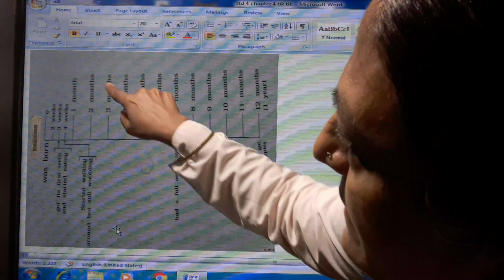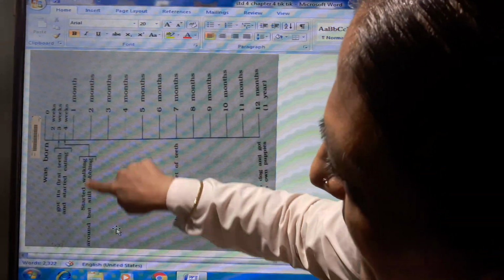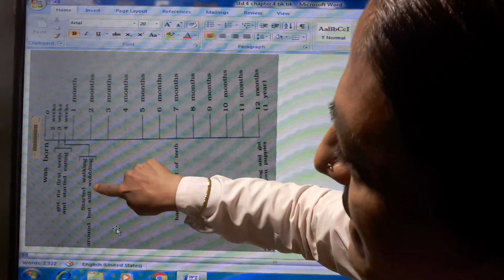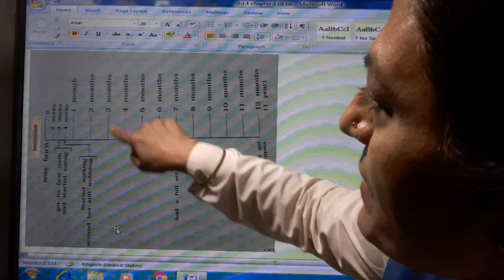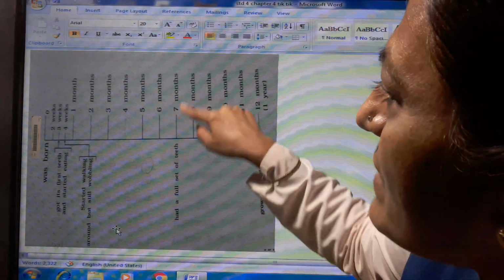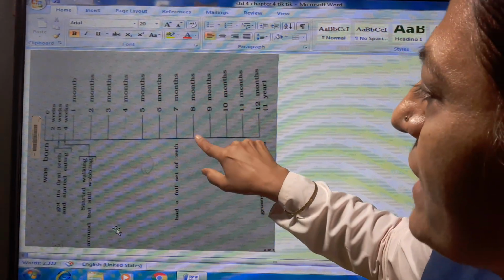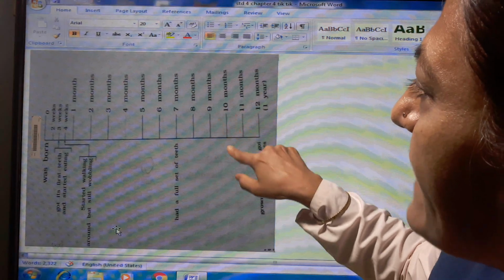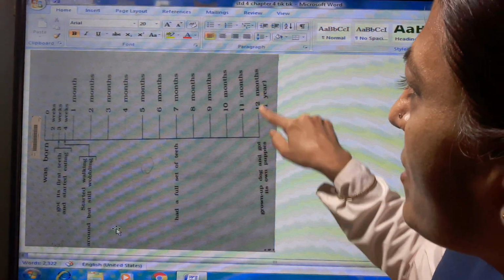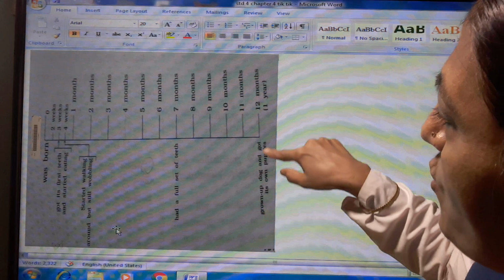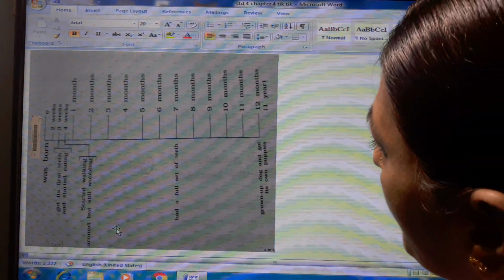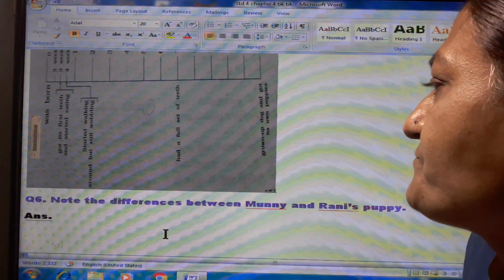Afterward, 1 month is there, and in the second month she started walking around but still wobbling. Third month, 4th month, 5th month, 6th month. In the 7th month she had a full set of teeth. 8 month, 9 month, 10 month, 11 month and 1 year. When 1 year is there, she has grown up into a dog and got her own puppies.